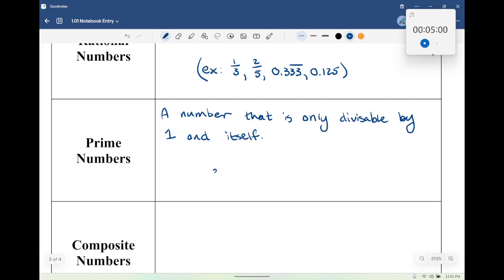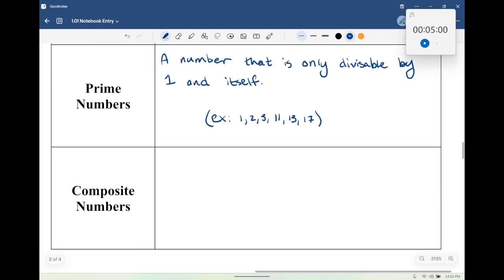And so some examples, which are not huge numbers: 1, that's prime; 2, 3, 11, 13, 17, could go on. That's not necessarily all of them, right? There's a few that I skipped there. However, all of these numbers are divisible by only 1 and themselves. 2 has a special place in this list. 2 is the only even prime number.